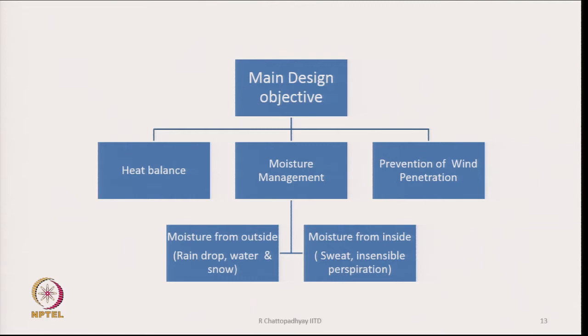So, moisture management is important, as is prevention of wind penetration. Moisture from outside should not penetrate, and moisture from inside, that is sweat and insensible perspiration, also needs to be managed. So, moisture management has two aspects. Either it is the entry of liquid from outside in the form of raindrops, a splash of water or snow.